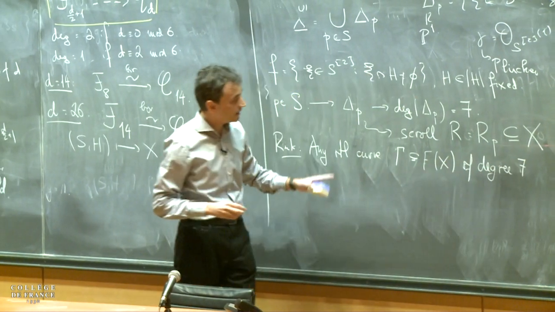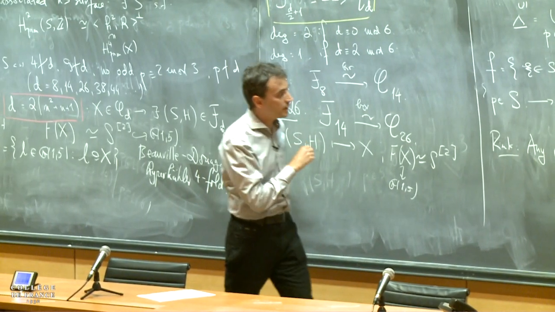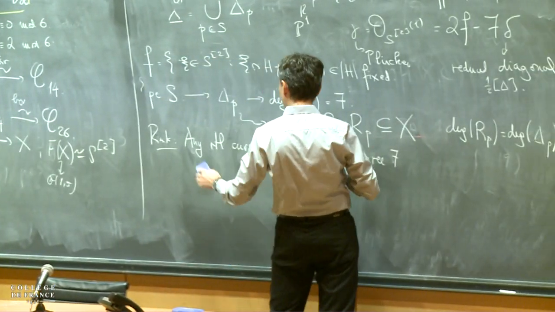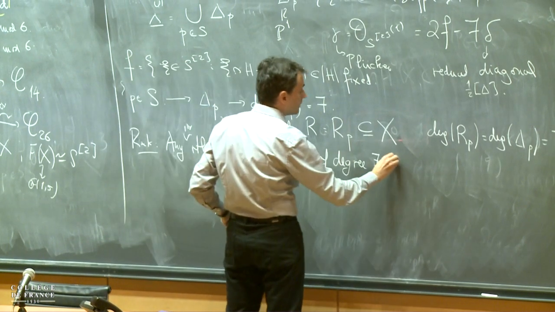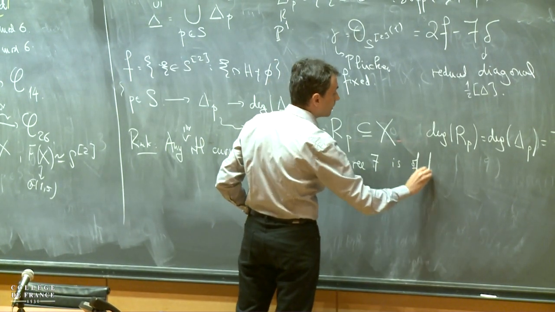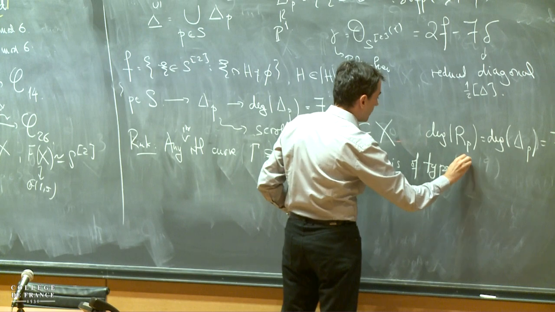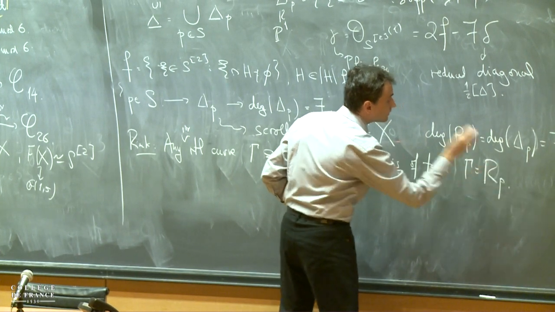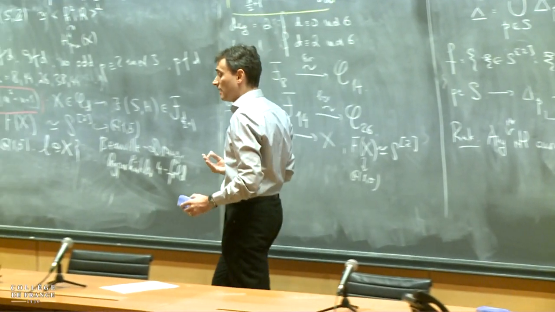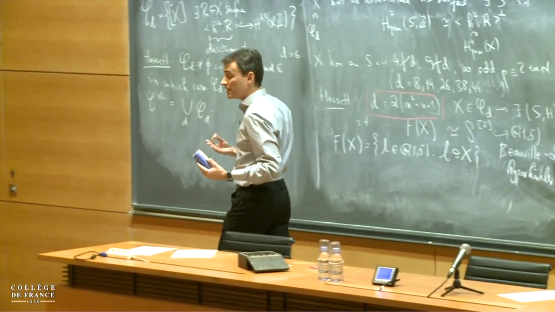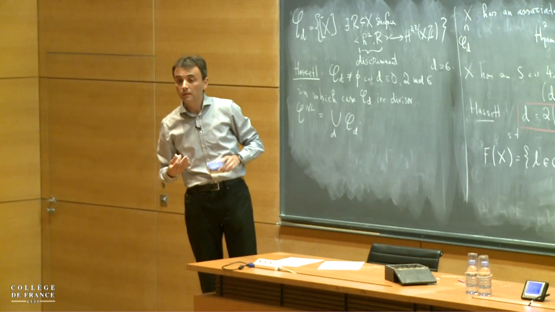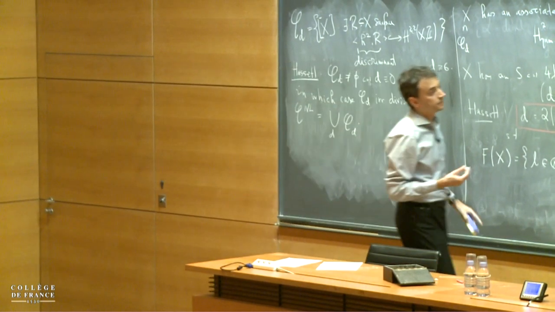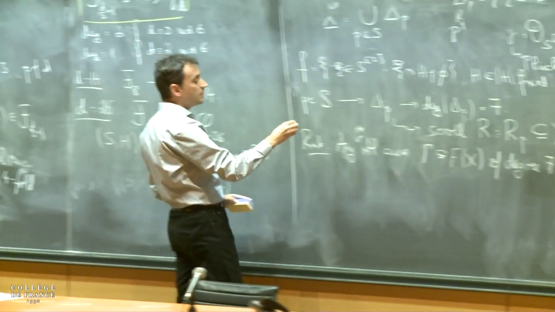So FX is embedded in the Grassmannian, and the degree is with respect to the Plücker embedding. Any irreducible rational curve of degree 7 is of the type gamma equals R_P. So there are no other septic rational curves in FX other than the ones coming from the fibration. So you mean a smooth rational? A smooth, yes. Any smooth, irreducible, yeah, a P1.